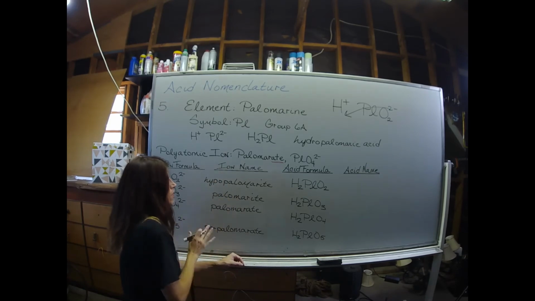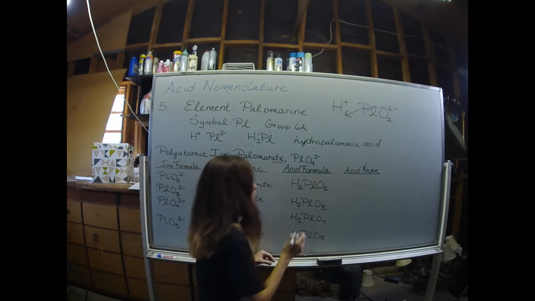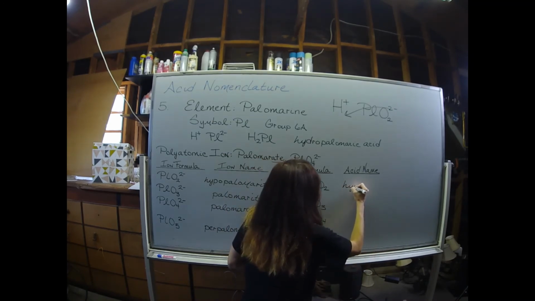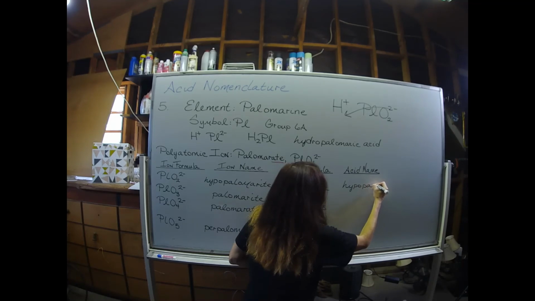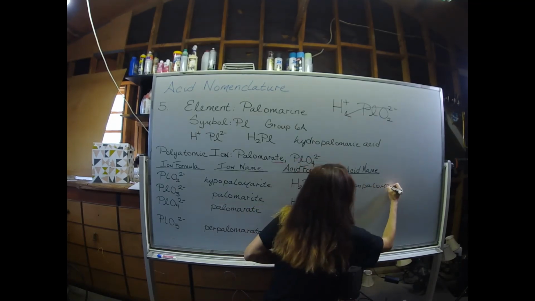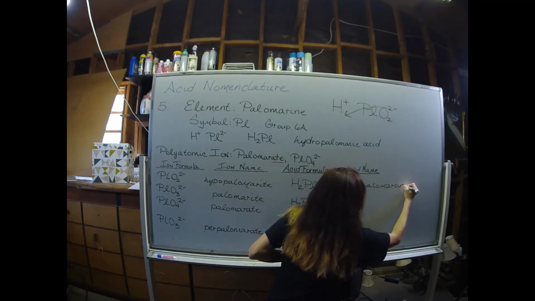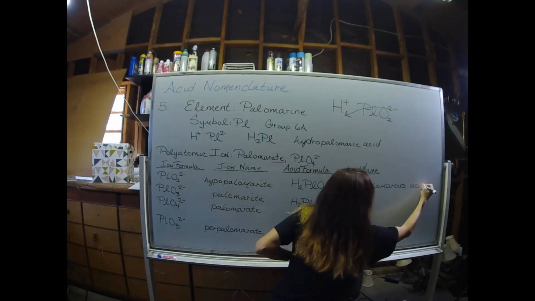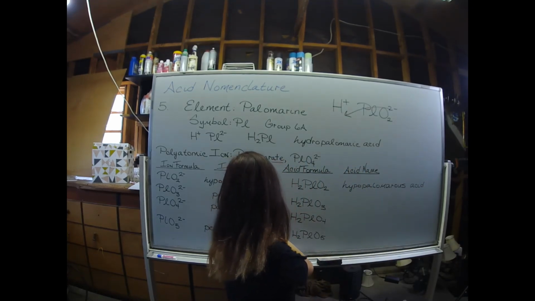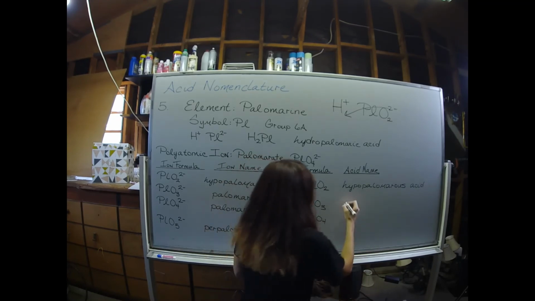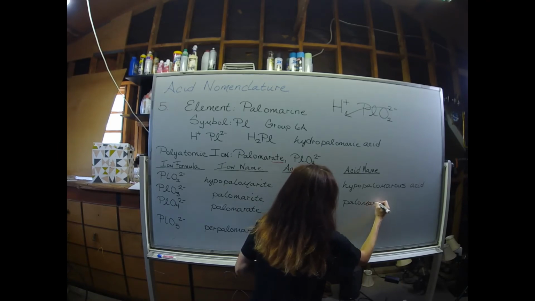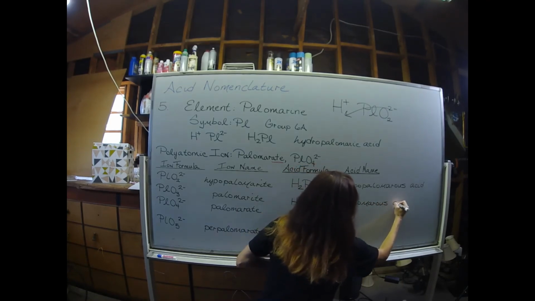Almost there. Now we gotta do our ite to ous, ate to ic translation for the acids. So all of this is pretty much going to be the same except for the ending. So it's hypopalomite, so I'm going to do hypopalomous acid. So on the next one, it's just palomite, so we'll just do palomous acid.